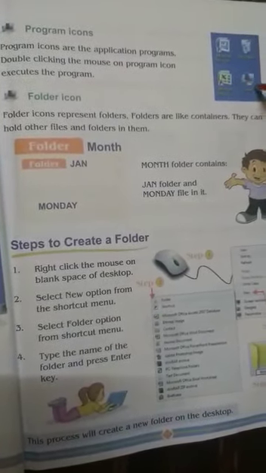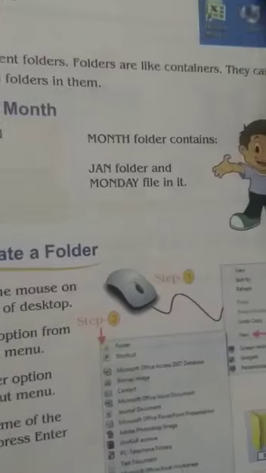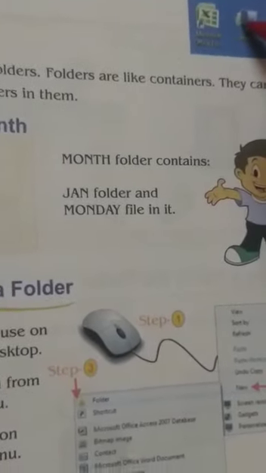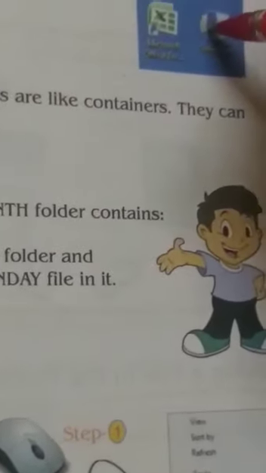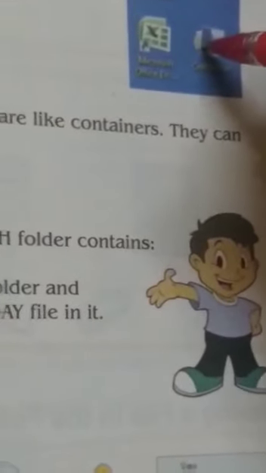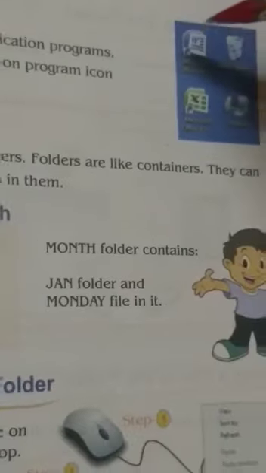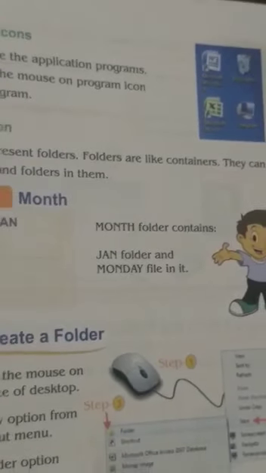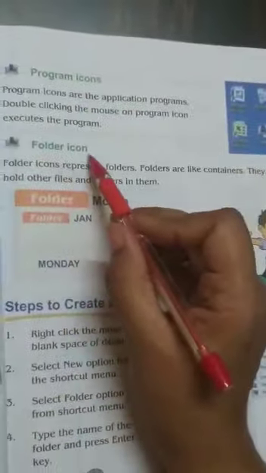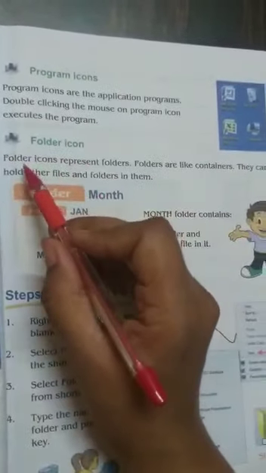After that, this is your computer. So children, these all are your program icons. Once you double click on them, they open. These application programs execute. Now the second one is your folder icon.